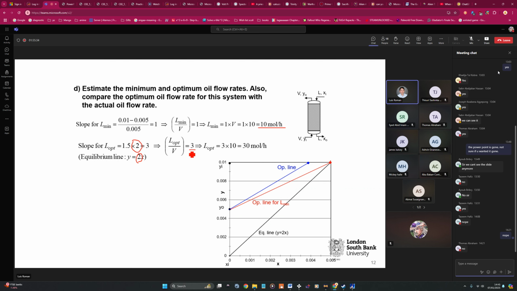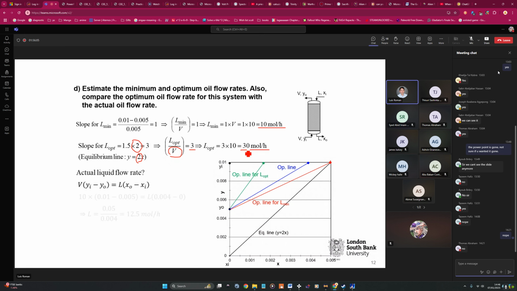L over V is equal to that slope. So you get the optimum by multiplying 3 times the gas flow rate. In this case, the optimum flow rate is then 30 moles per hour. You need to use at least 10 moles per hour of the liquid, but the optimum is 30.